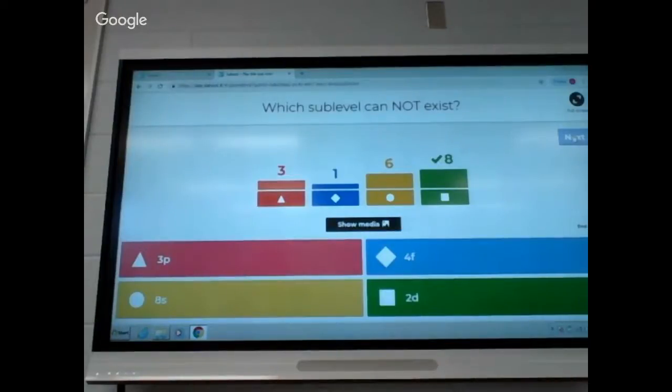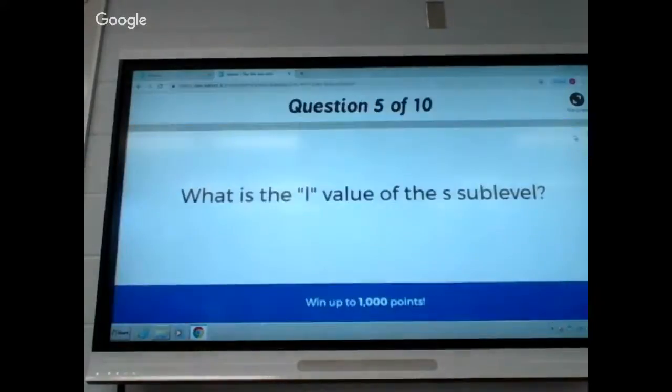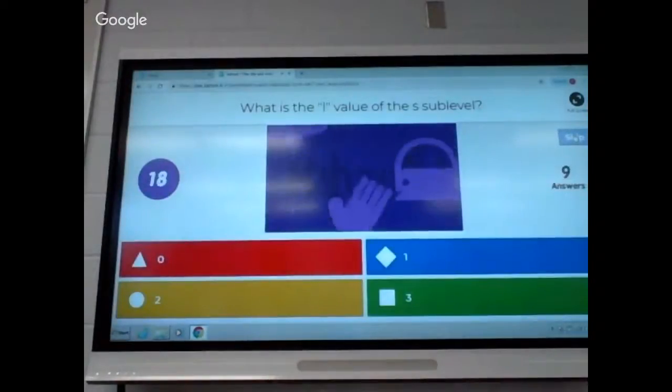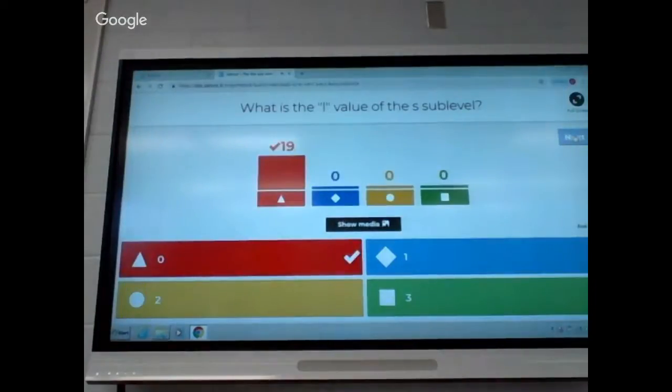One day we may teach about 8s. We don't have any periods up there that are 8 at the moment, but we may one day. If you're in the 7th energy level, the 8th would be your excited state. It's the l value of the s sublevel. Very good.